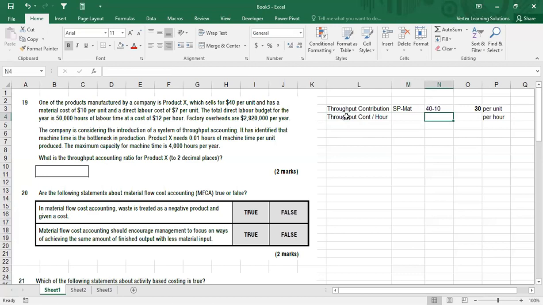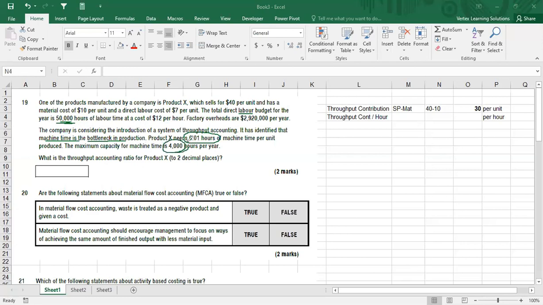Now, in this particular question, they have given you two types of hours. They told you that labor is 50,000 hours. But is it your bottleneck resource? It is not your bottleneck resource. Your bottleneck resource is this. They told you that it is identified that machine time is the bottleneck in production, and product X needs 0.01 hours of machine time, and total machine hours are 4,000.